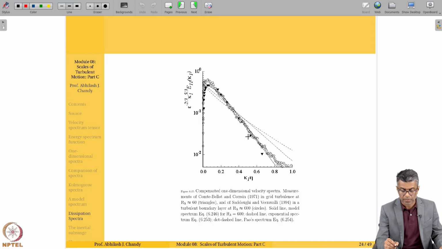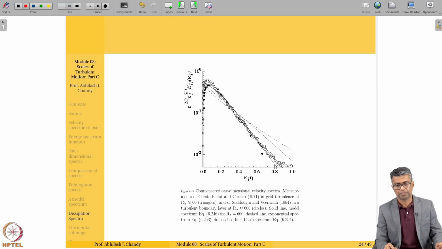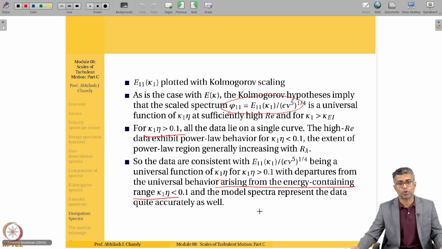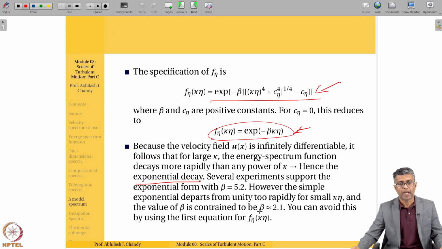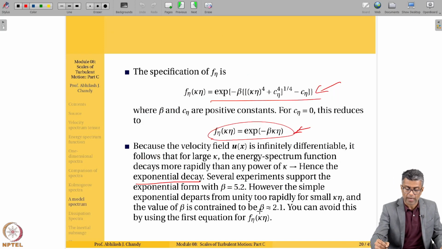There is a single solid line that represents the model spectrum at R lambda equal to 600. And then there is a dashed line and a dash-dotted line, which are the exponential spectrum and the power spectrum. What do I mean by that? I have to go back here and look at this: this is your exponential spectrum, and this is your power spectrum.